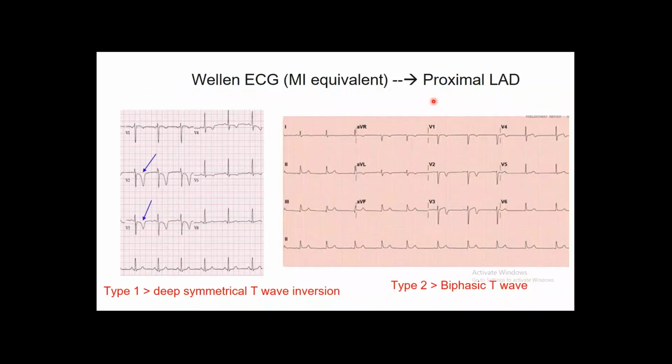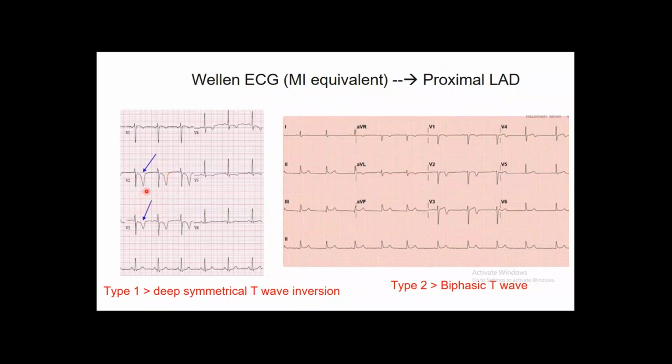The second important equivalent of myocardial infarction ECG is called the Wellens syndrome ECG. It denotes significant proximal LAD lesion with spontaneous revascularization. It has two types.